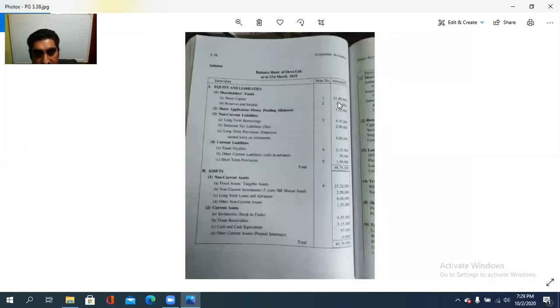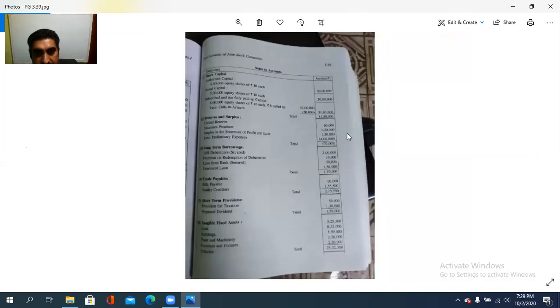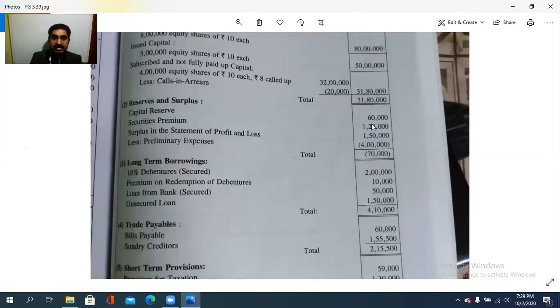Look, this 31 lakh 80,000. Then reserves and surplus. Next item, whatever is there as reserve, put it here. Reserves and surplus: capital reserve is 60,000, that is given in the question. Securities premium, that is also under the heading reserves and surplus, 1,20,000. Surplus in the statement of profit and loss, as per the question, 1,50,000.